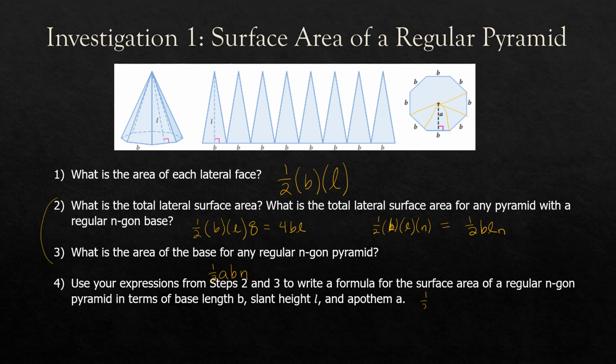So we have 1/2 ABN plus 1/2 BLN. What things are the same that we could combine to make this a little bit easier? They both have a 1/2, they both have the B, and they both have the N, the number of sides. So 1/2 BN, what we have left on the first one is the A for the apothem, and on the second one, L for the slant height.